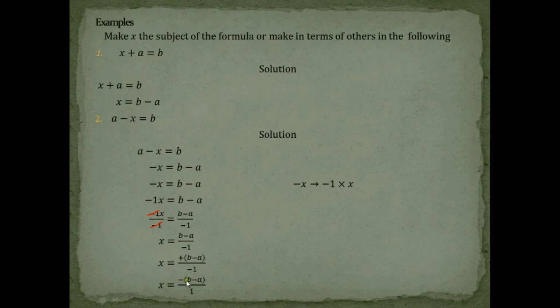So x equal to minus open bracket b minus a, divided by 1, because that is going to give us x equal to minus b minus a.